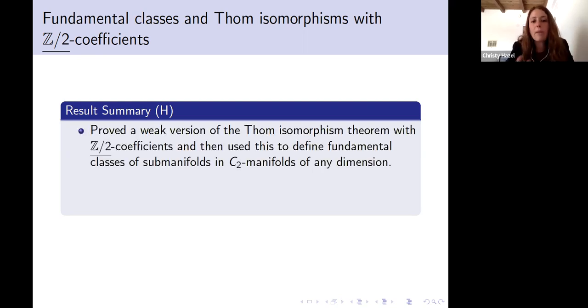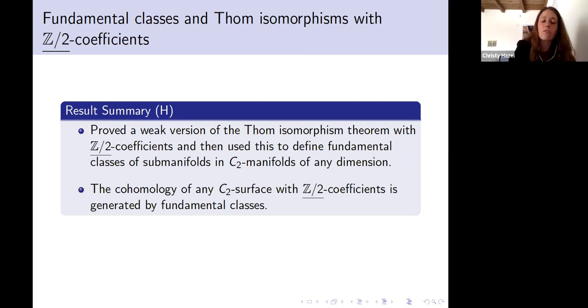I was able to replicate this idea of fundamental classes in this equivariant setting, at least with Z2 coefficients. I first proved a weak version of the Thom isomorphism theorem. And then using these Thom classes, I defined fundamental classes of submanifolds. And this really worked for C2 manifolds of any dimension, not just surfaces.